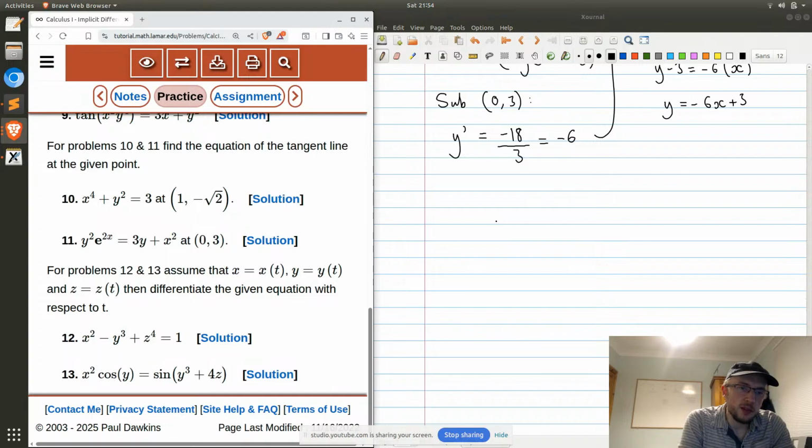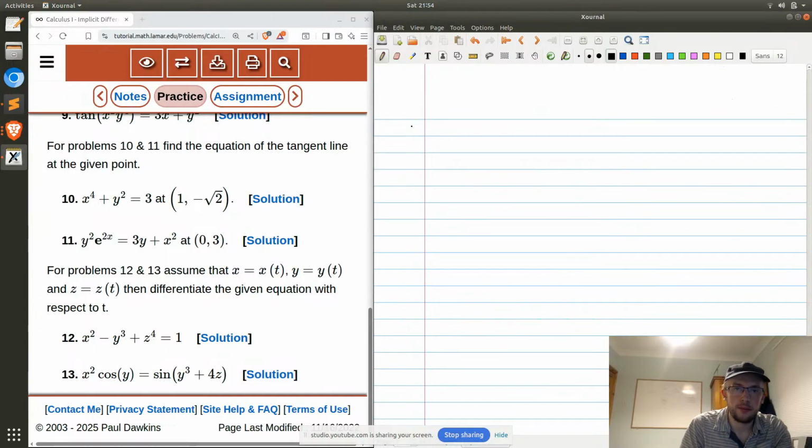For problems 12 and 13, assume that x is equal to x of t and y is equal to y of t, and z is equal to z of t. Then differentiate the given equation with respect to t. Okay.